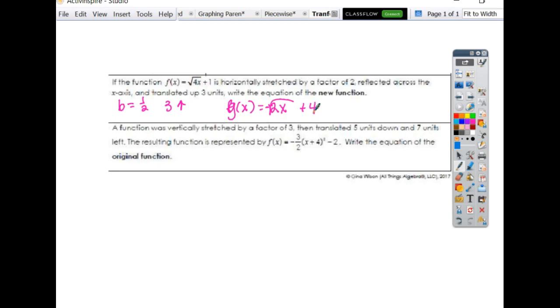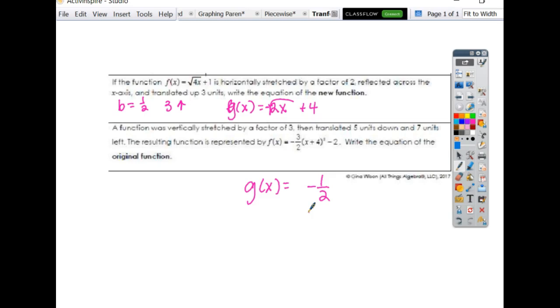So if I end up at negative 3/2, what did I multiply by 3 to end up at negative 3/2? The negative 1/2, right? So that's where I started. So I have a negative 1/2. It says I translated 5 down.